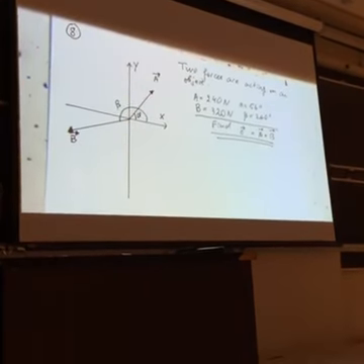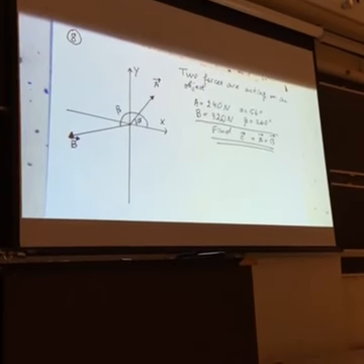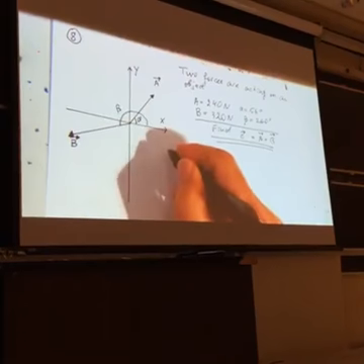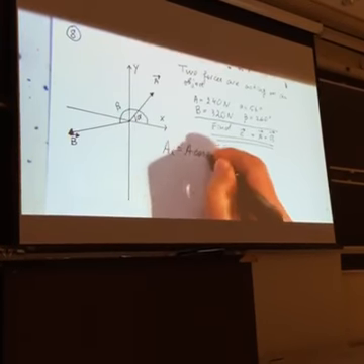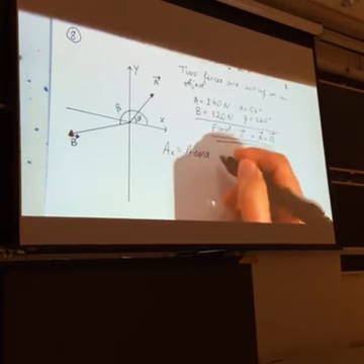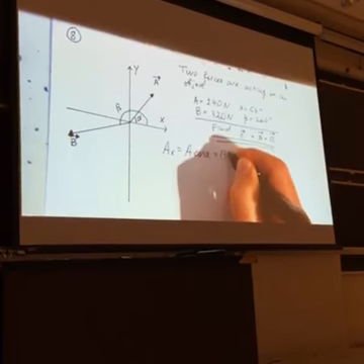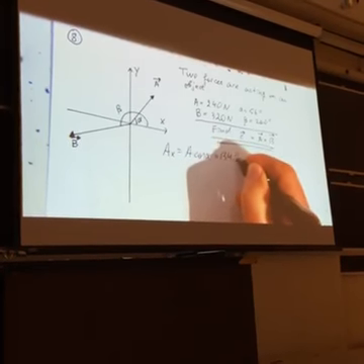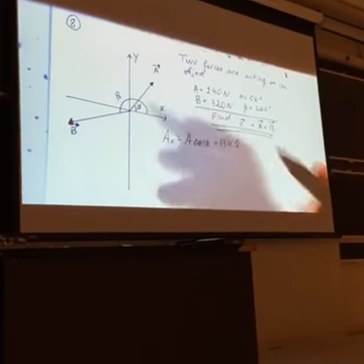So it is convenient to add these vectors using x and y components. AX is A cosine alpha. If these are forces, they are given in newtons, but it doesn't matter, it's just the unit.